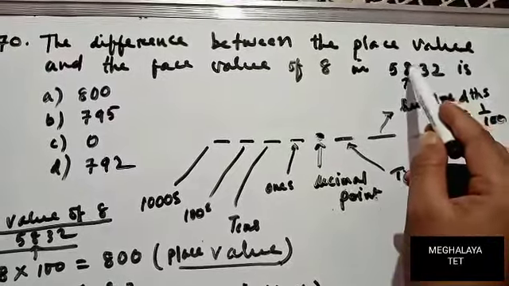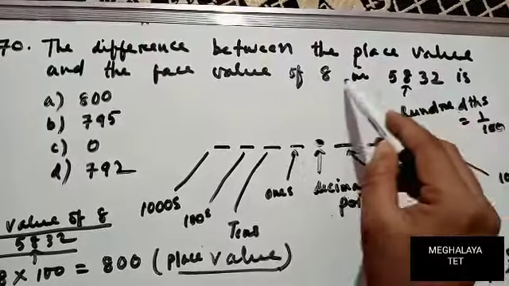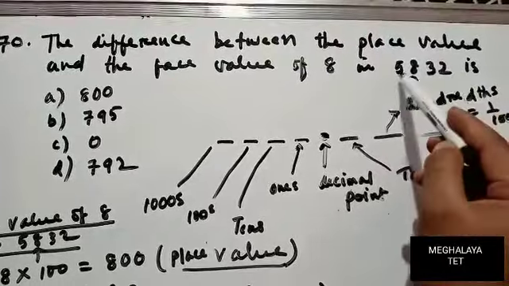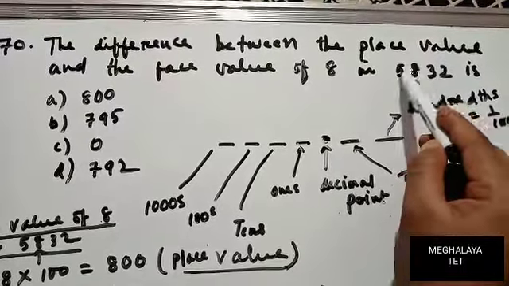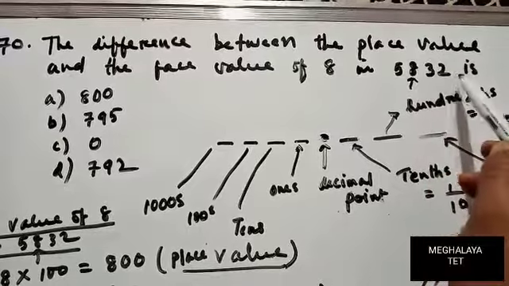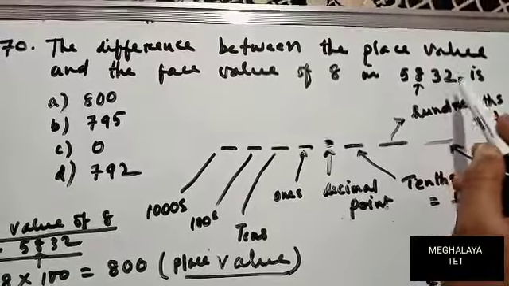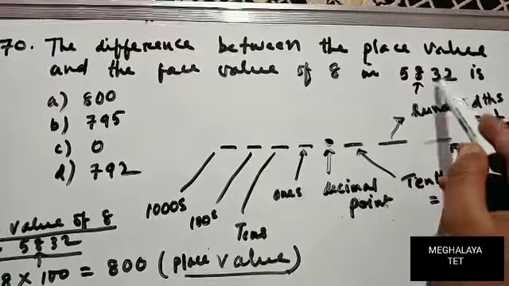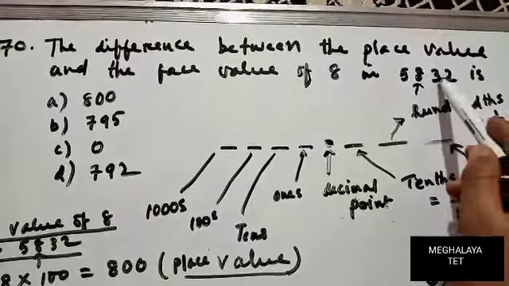is 8 into 100. If I want to find out the place value of 5, just count 1, 2, 3, 4, that means 1000, so 5 into 1000. If I count the place value of 3, that means 3 into 10 position, 3 into 10.